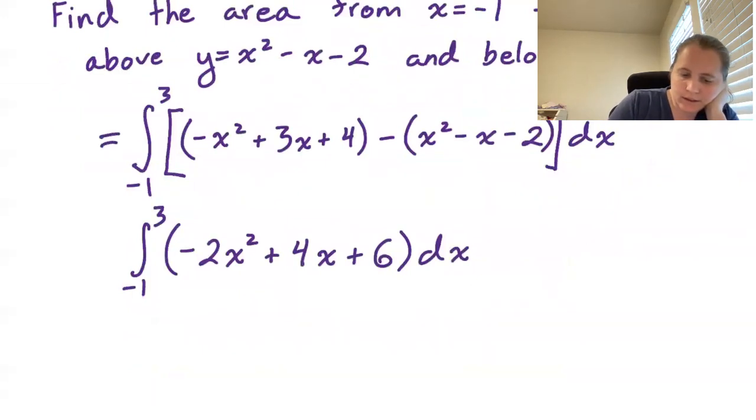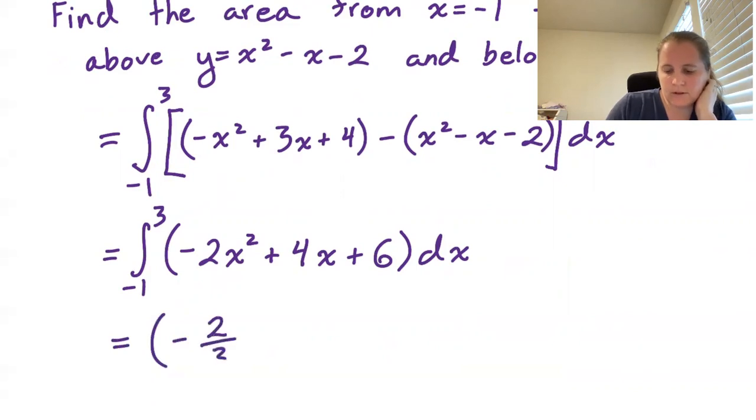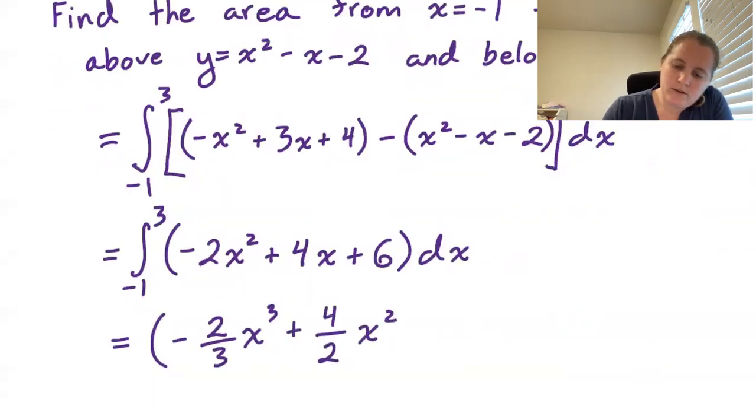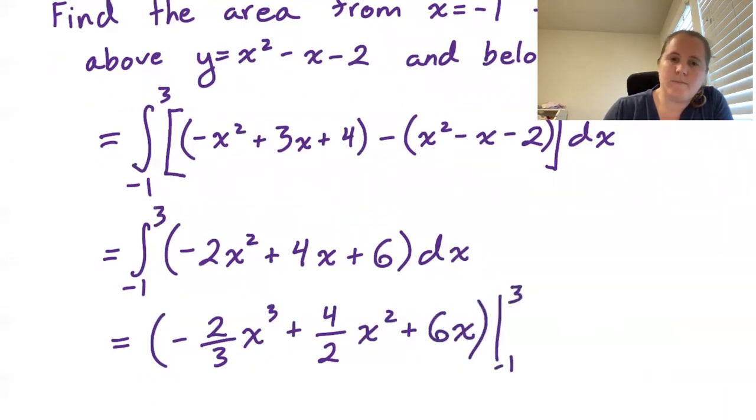And this is -2/3 x cubed, raise the power and divide by the new power, plus 4/2 x squared plus 6x, evaluated from -1 to 3.